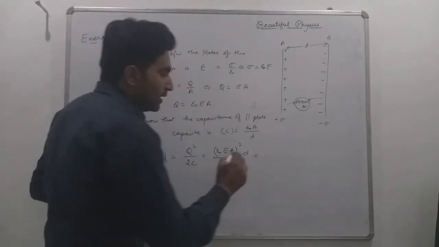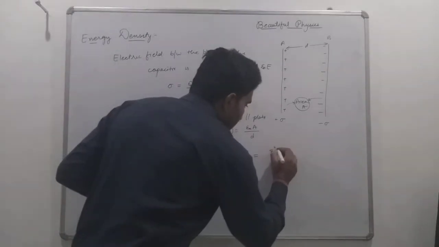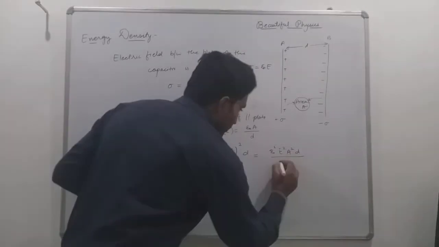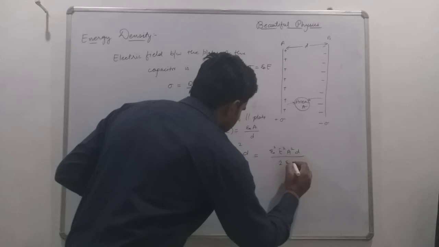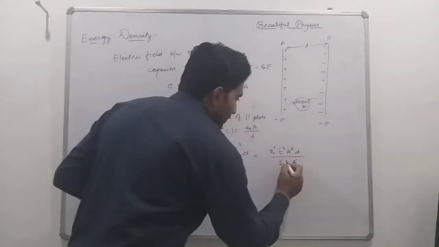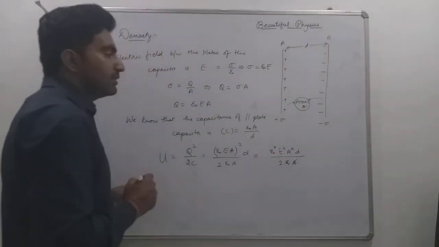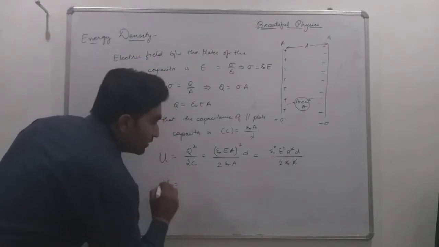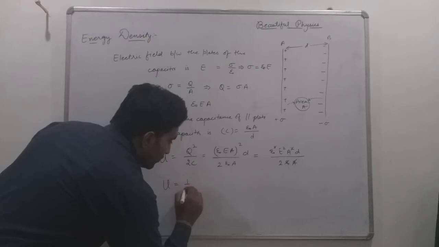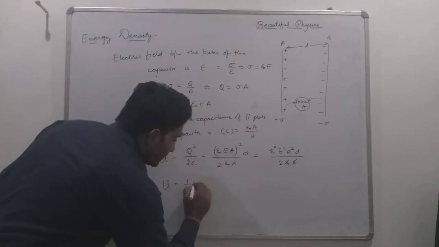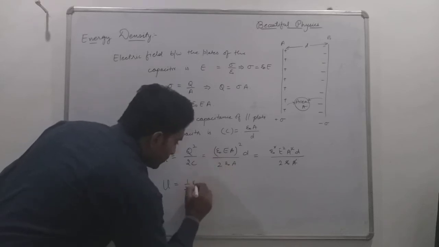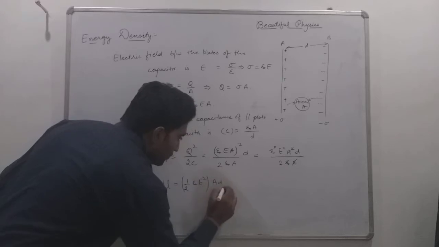We have epsilon naught square E square A square d divided by 2 times epsilon naught A. A and one epsilon naught cancel out, and we have the energy equal to 1 by 2 epsilon naught E square A into d.